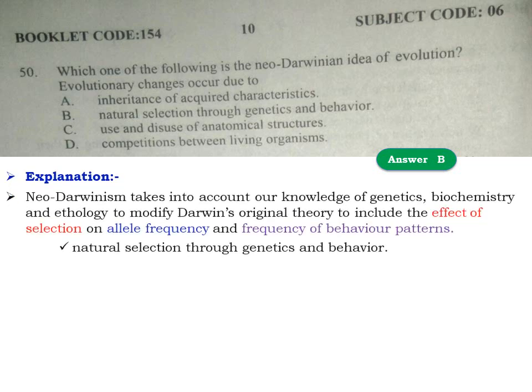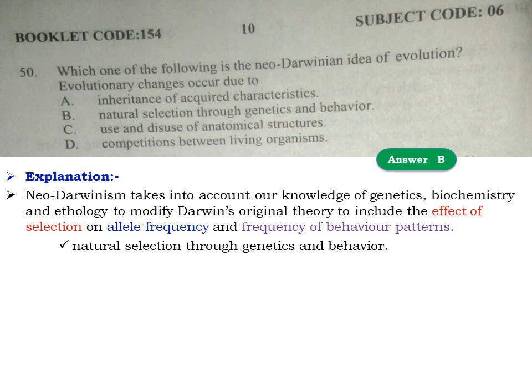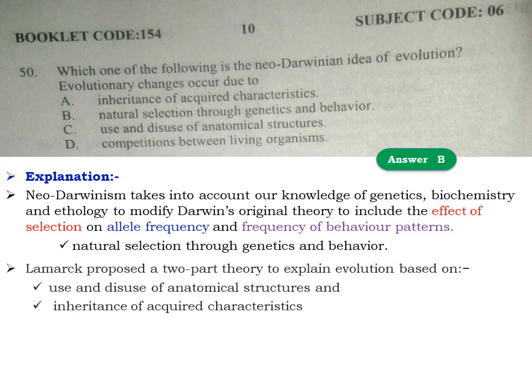Let us see. Neo-Darwinism takes into account the knowledge of genetics, biochemistry, and behavior to modify Darwin's original theory, which includes the effect of selection on alleles and the frequency of behavior patterns. So natural selection through genetics and behavior is one of the neo-Darwinian ideas of evolution.